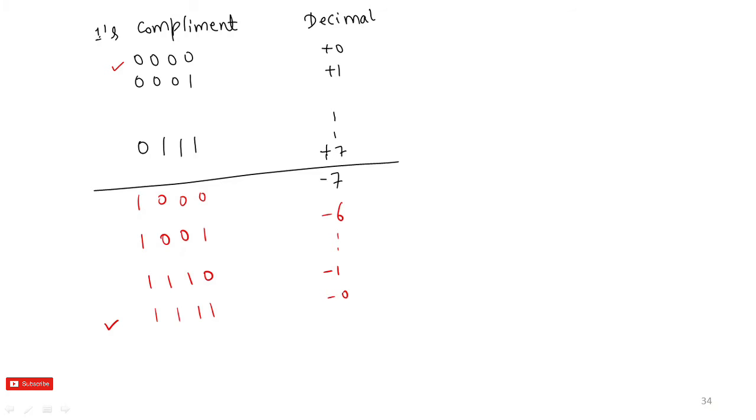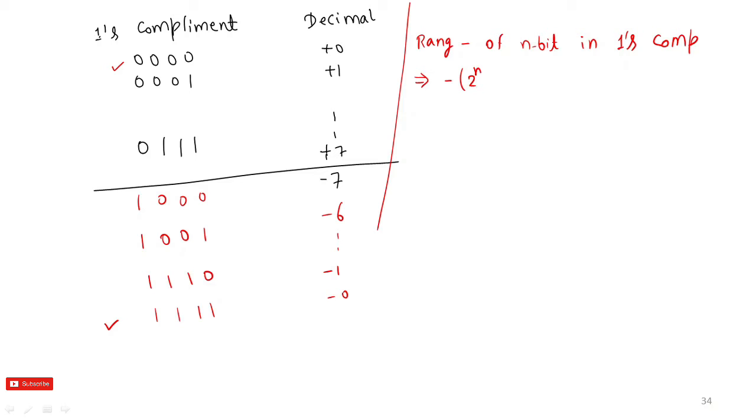So the range of n bit in one's complement system: how much?